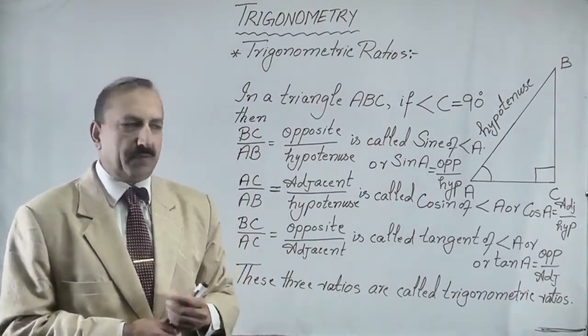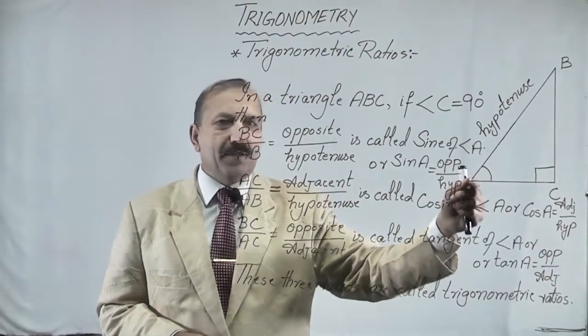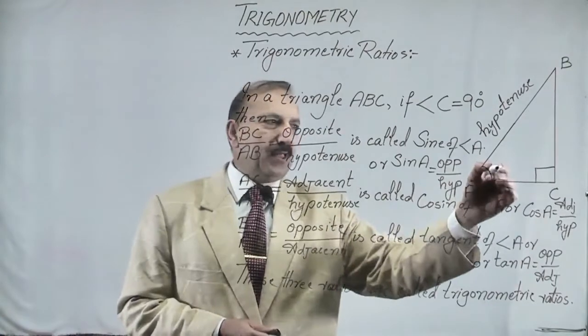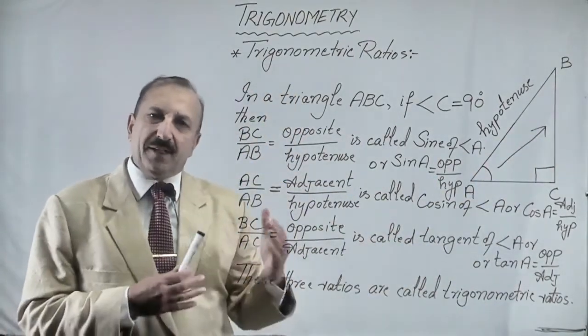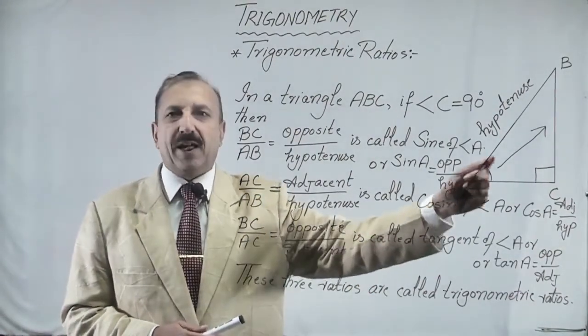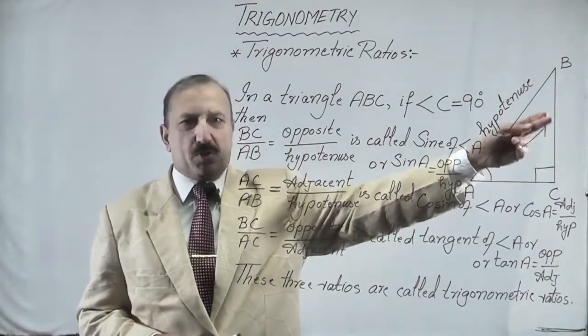Why do we say opposite? Because this is in the opposite direction of this angle mentioned, angle A. This is in the opposite direction. You can see here, this is opposite. So in any right angle triangle, the side that will be opposite to the angle under discussion will be called opposite.